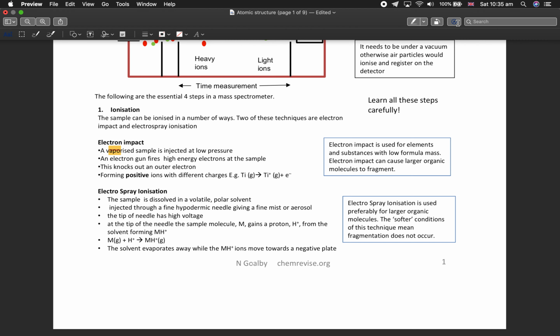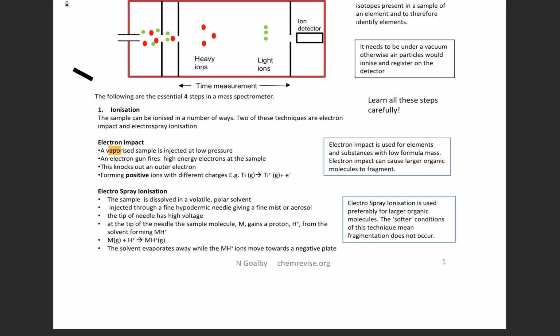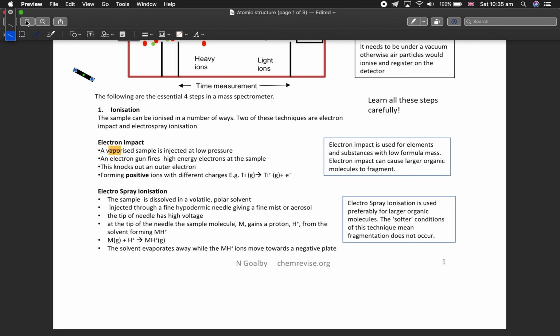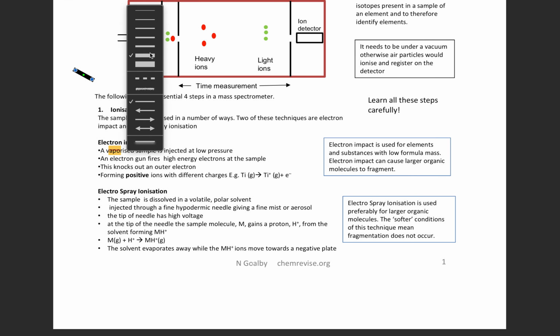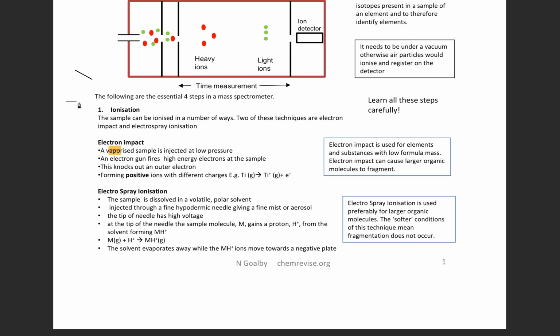Oh no, I can do it here. Is that a pen? That's a bit too thick. Sorry for the technical difficulties. Bear with me a sec.